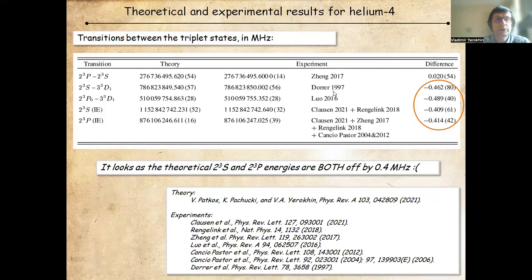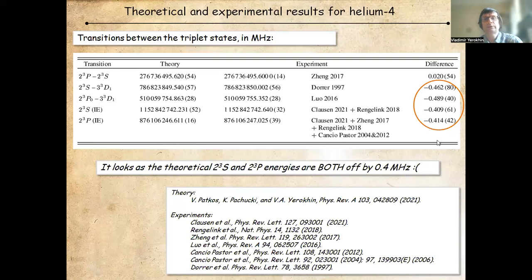But if we switch to transitions between different n, we see already significant deviation, and moreover, in comparison with very recent experimental results for the ionization energy of an individual state, we see again systematic deviation.